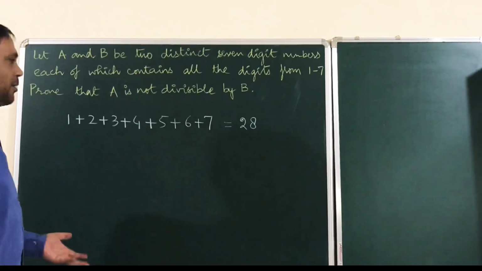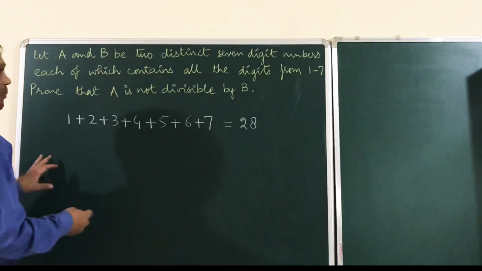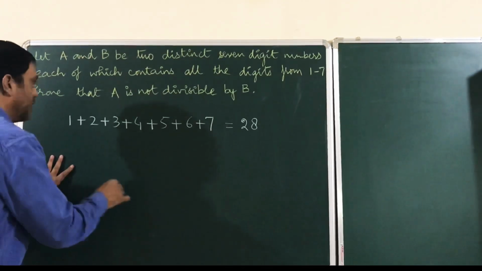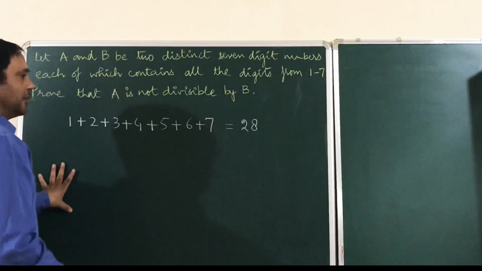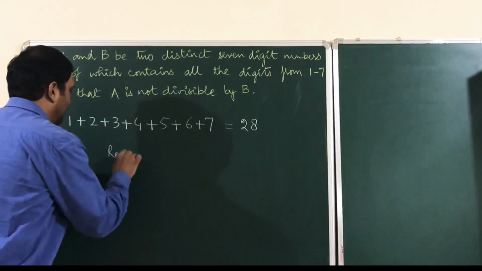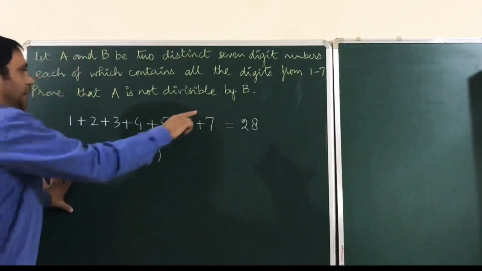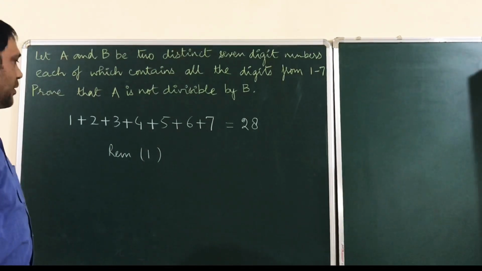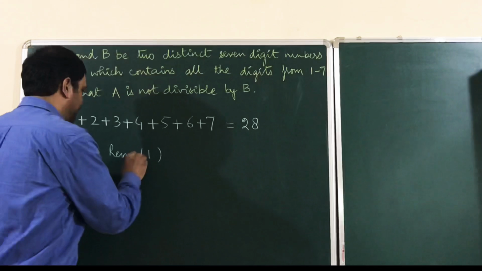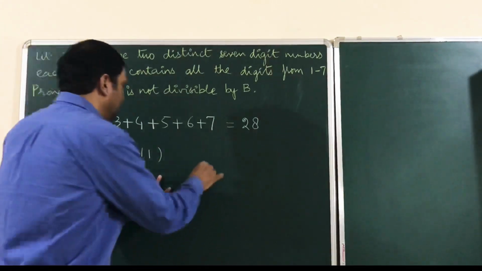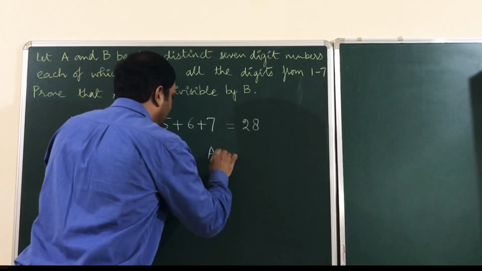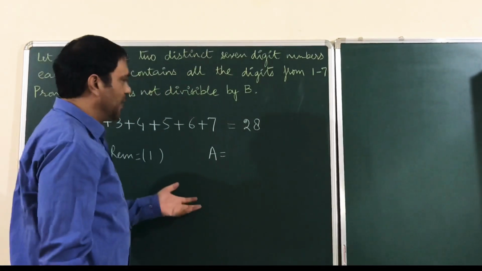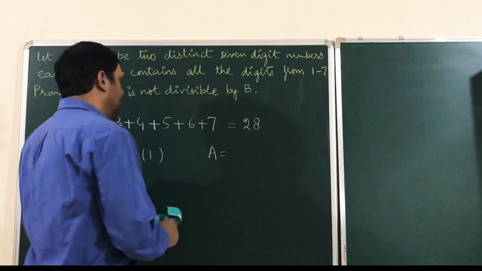If I check the divisibility by 9, if you divide 28 by 9, the remainder you get is 1. For any 7-digit number formed using these digits, the remainder will be 1. So A is a number that, when divided by 9, leaves the remainder 1.